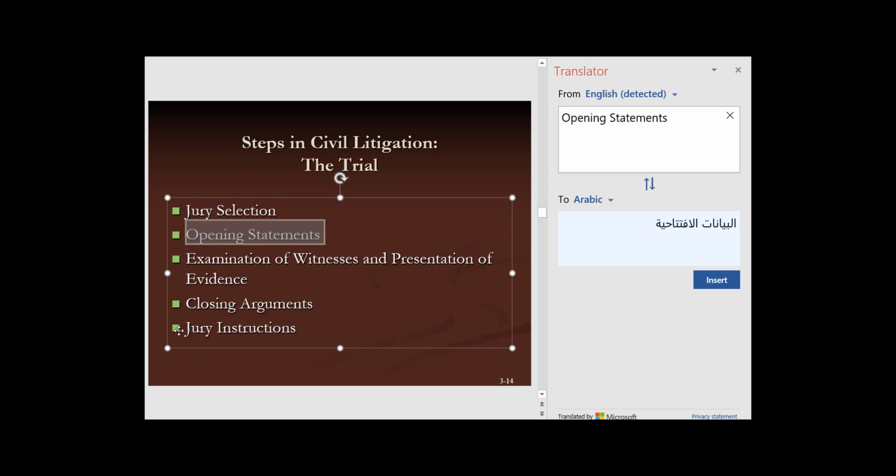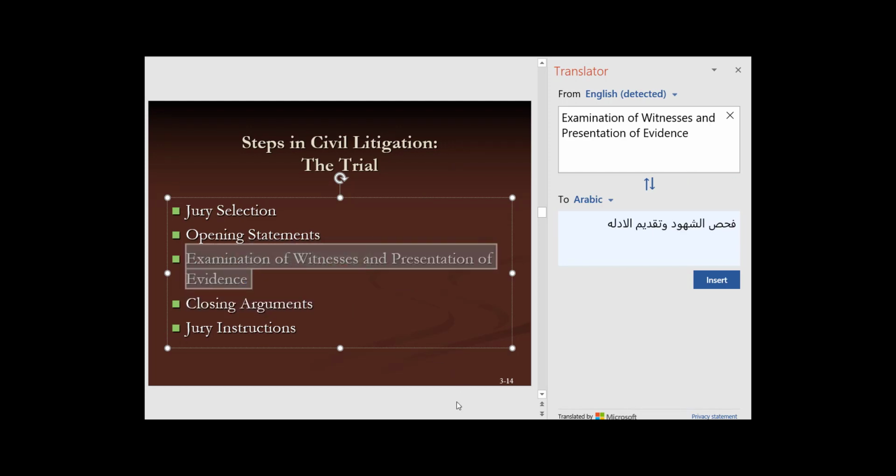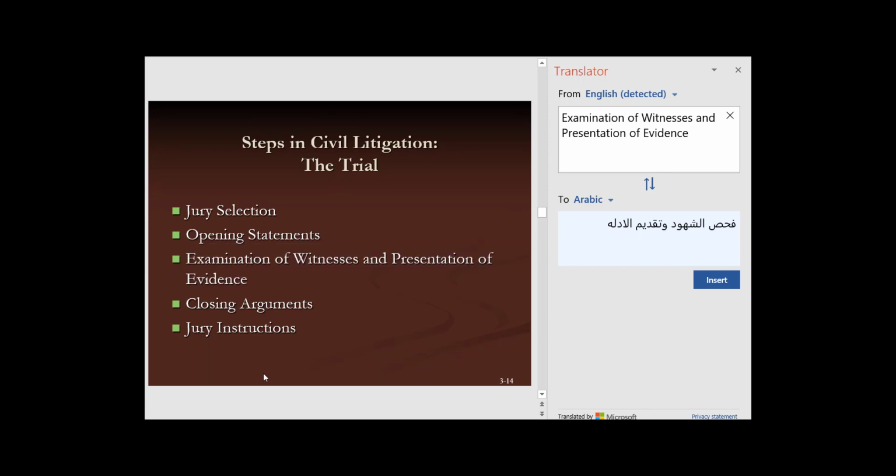Sometimes you know what a mnemonic is. A mnemonic means that you get the first letter of each of these and memorize it. So you begin with jury selection. You begin with J, O, E, C, and then J2 is the jury, J2.